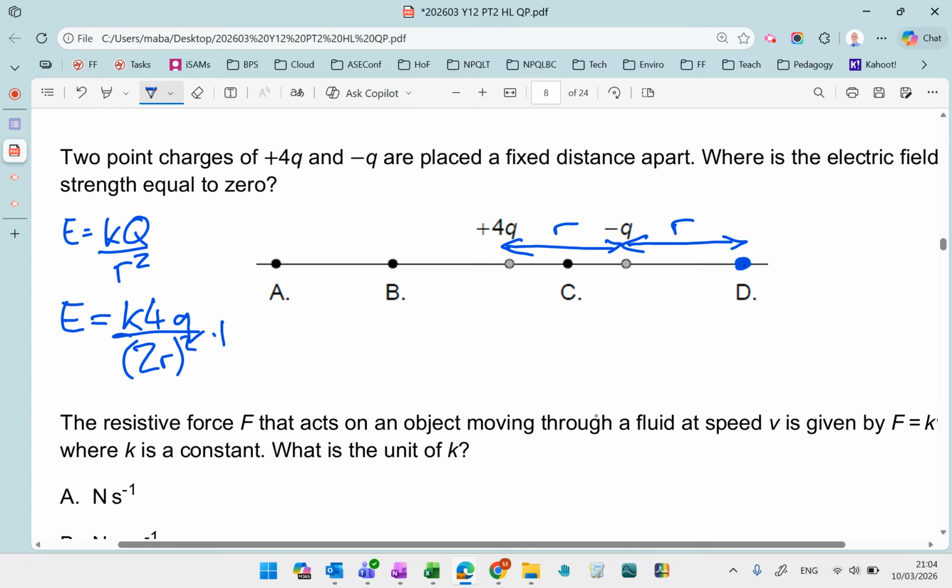And then we're going to add that to the k, and now it's going to be minus Q, over r squared, okay? All right. And if you work all of that, that's going to cancel with that, and basically all of that cancels out, and it's going to end up as 0. So we found our answer, it was in fact D, okay?